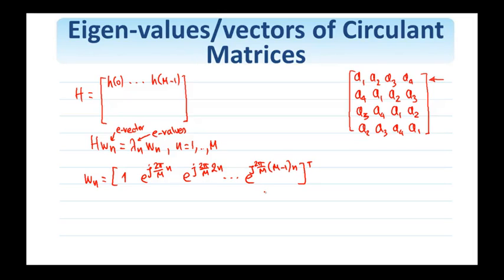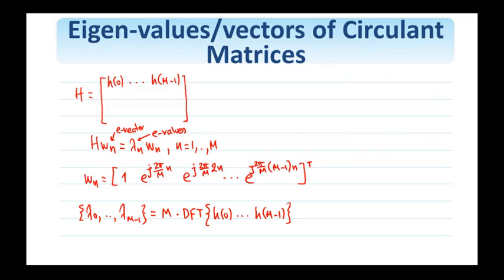One should recognize right away that these complex exponentials are the basis vectors of the discrete Fourier transform. And the set of eigenvalues are simply the discrete Fourier transform values of the first row of the matrix. So again, a very straightforward and important property of circulant matrices. The decomposition of the original matrix is simply equal to this.